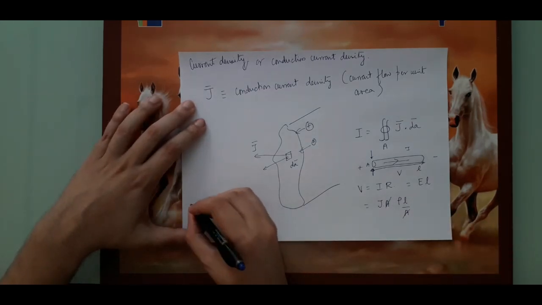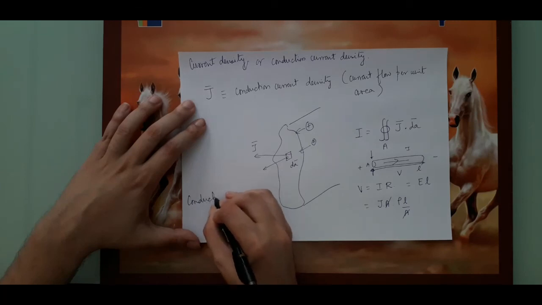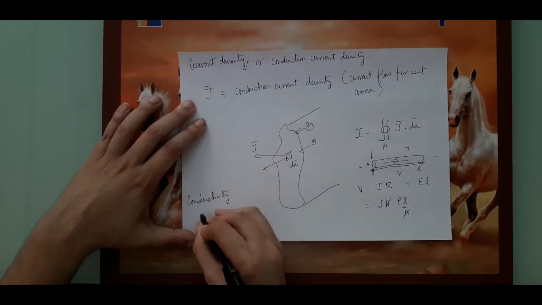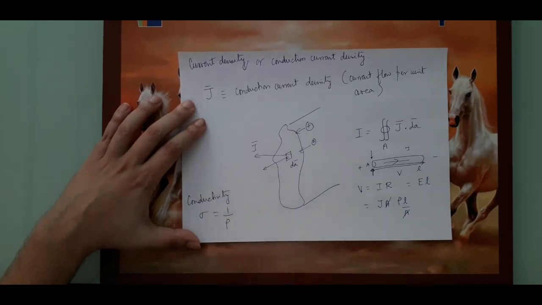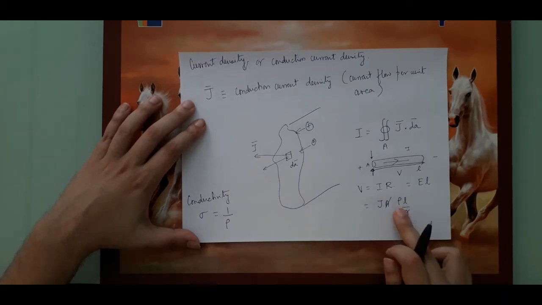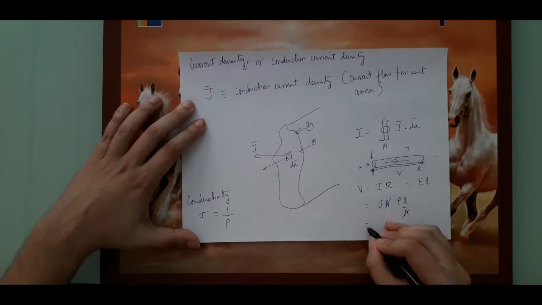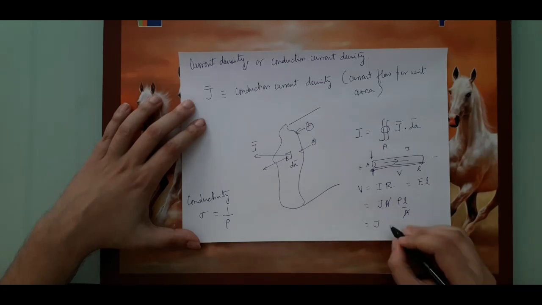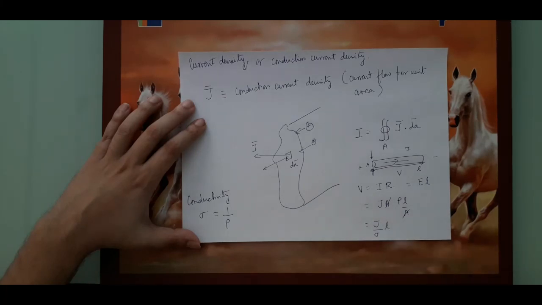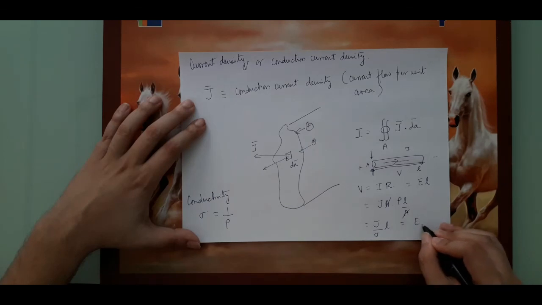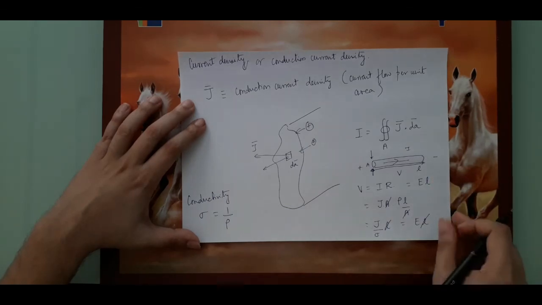Now I can define something called conductivity sigma, which is nothing but 1 by rho, where rho is the resistivity of the material. So this is nothing but J by sigma times L, and that is nothing but EL, which is over here. So L and L get cancelled.